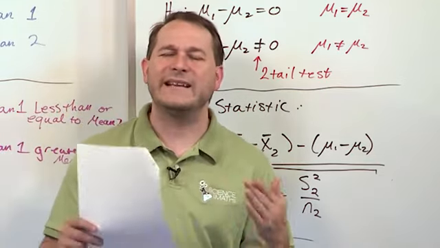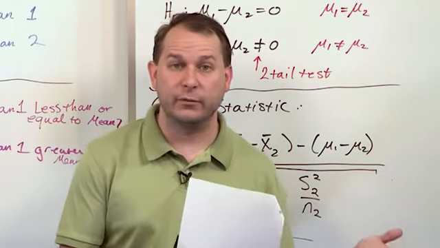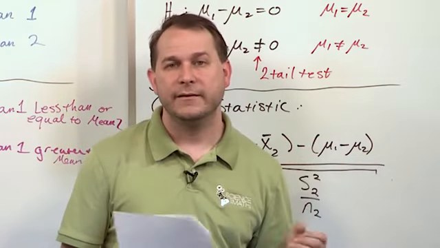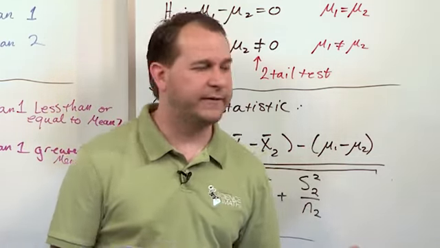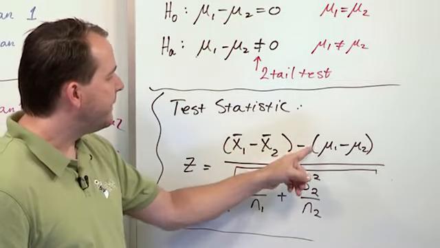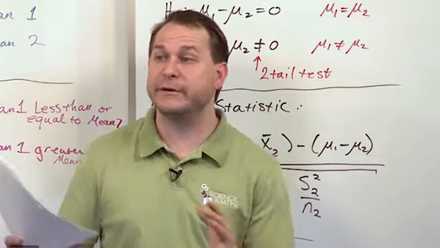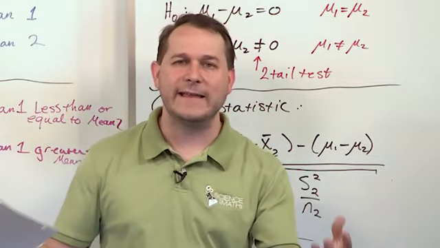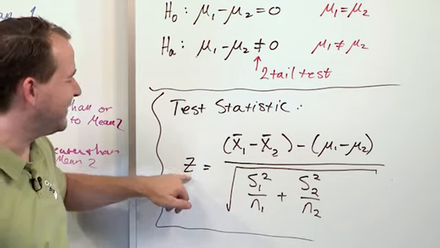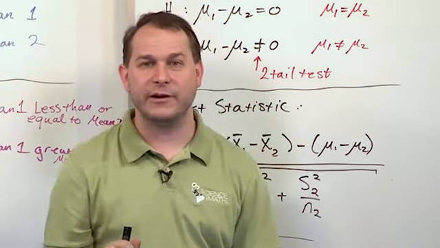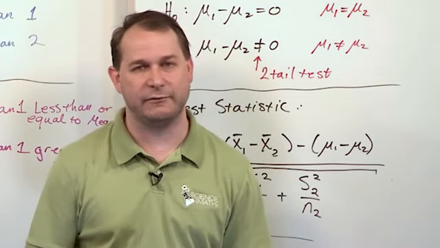So it takes into account exactly the same stuff that the original test statistic did when we had single mean hypothesis testing going on. So this should look real familiar. It's just that we have two different population variables going on. So there's more sampling, there's more data, but ultimately you just take that information, you stick it in here, out pops a single number. That single number is either going to fall in a rejection region or it's not.